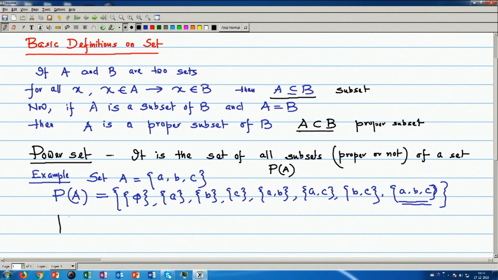The cardinality of the power set P of A: here we see that if it has only 3 elements, then this is 8. So, this is actually 2 to the power 3.